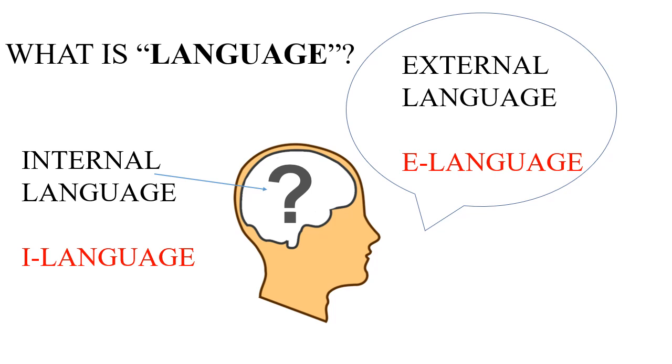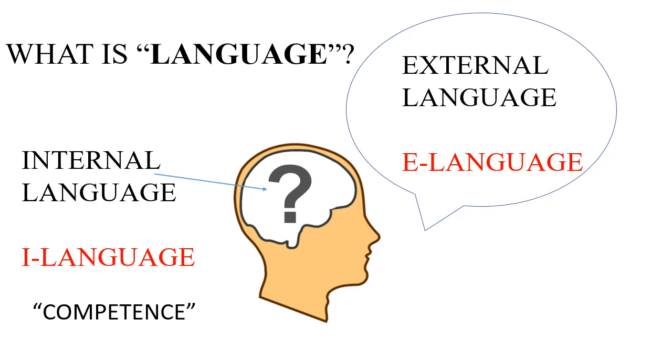Internal language, on the other hand, is going to be the system that we have in our head, and this system, the I-language, is going to be what is responsible for producing the E-language. So when we say language, notice that we are talking about two kinds of languages. We're talking about the external language or the E-language, and we're also talking about the internal language or the I-language.